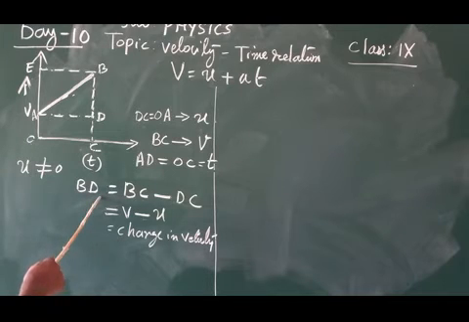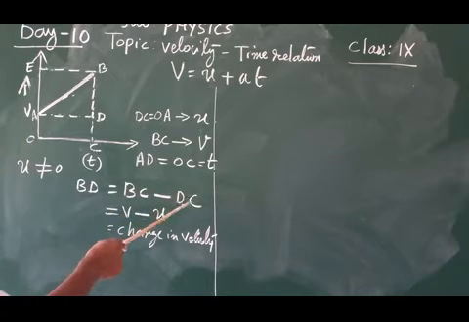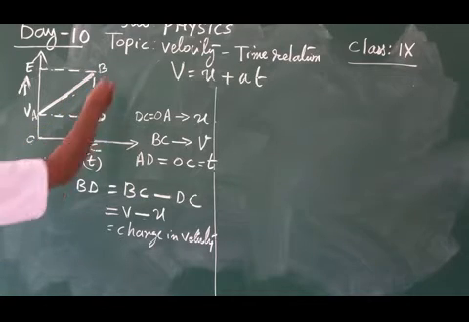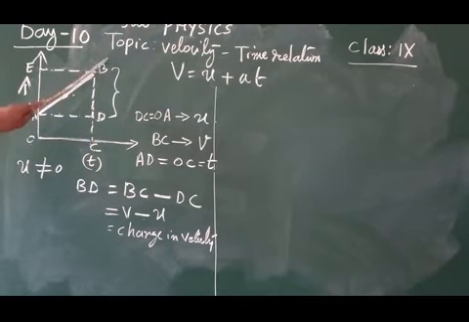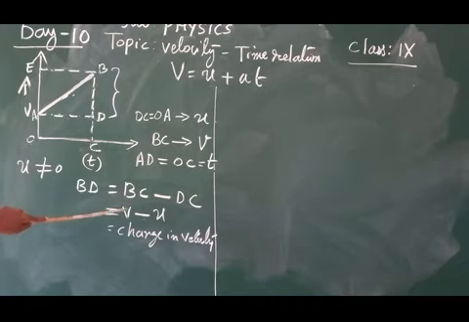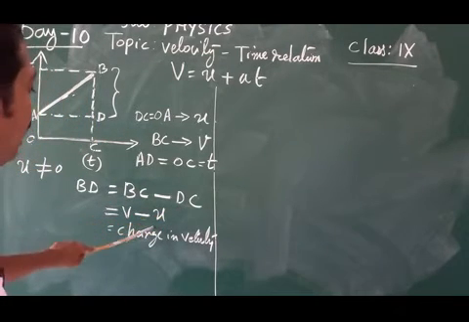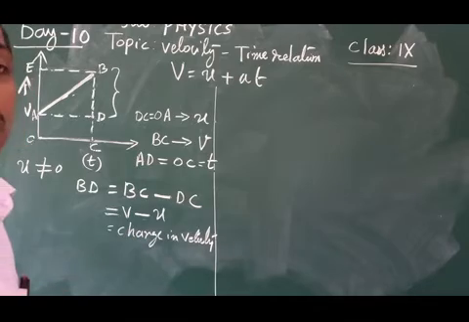Then BD is equal to BC minus DC. When we subtract DC from the total BC, we get BD. BC is v and DC is u, so BD is v minus u, the change in velocity.